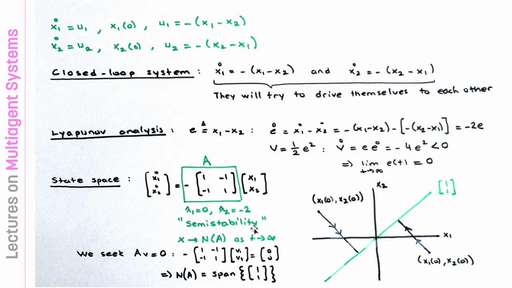Now, semi-stability is a notion that goes like this. If you have a system matrix with one 0 eigenvalue, and let's say all the other eigenvalues have negative real parts, they can be complex as well, then the solution will escape to the null space of your system matrix.